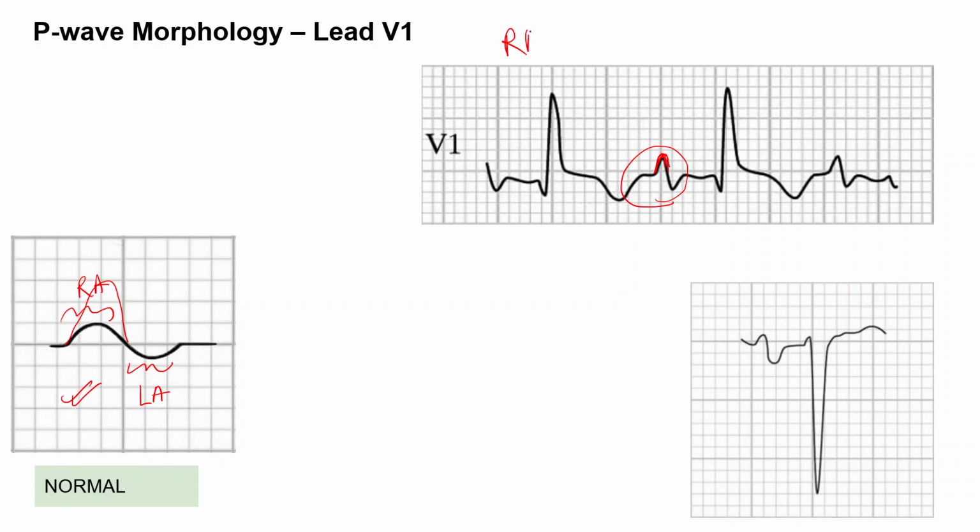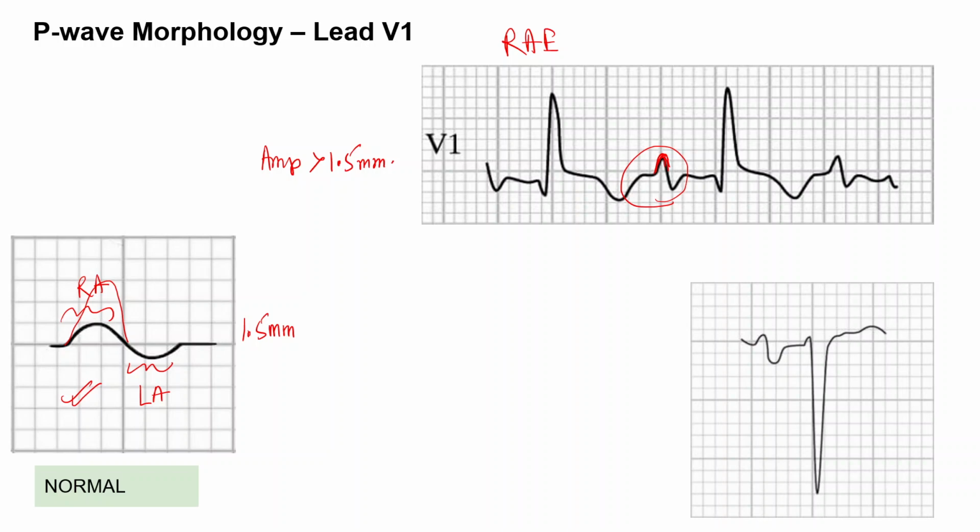So this is right atrial enlargement. If you go to the numbers, I told the normal amplitude here is 1.5 mm. So here the initial portion amplitude will be more than 1.5 mm if there is a right atrial enlargement.